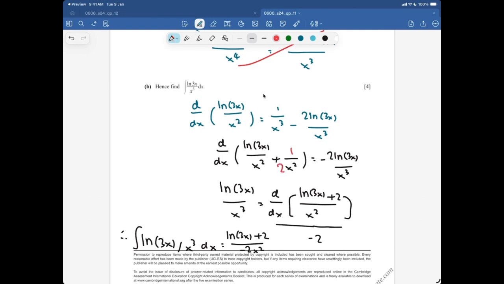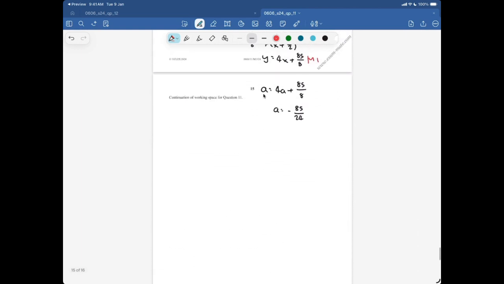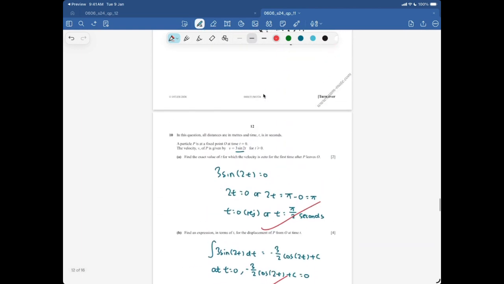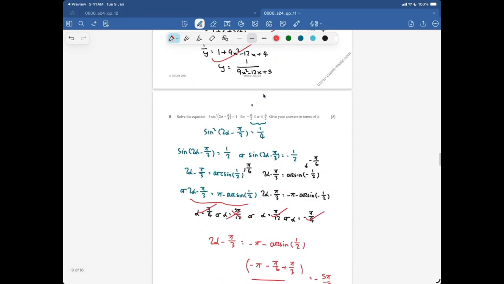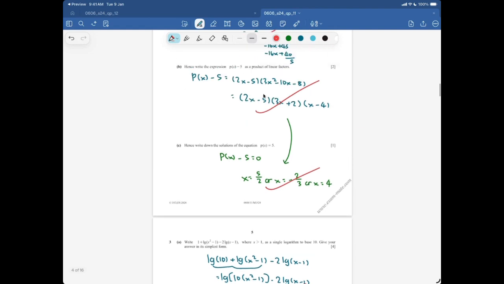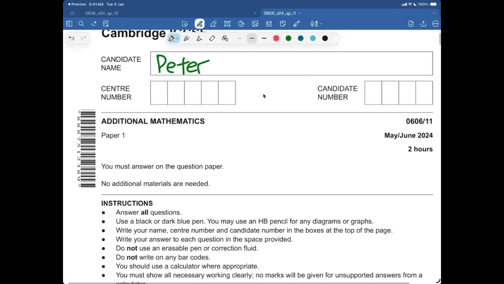That's a careless mistake. So I get m1. I didn't plus c, so I think I got 2 marks deducted over here. This is not really a good showing. So I get 4 marks deducted, 5 marks deducted, 6 marks deducted, 7 marks deducted, 8 marks deducted. So this is not a good showing by me.